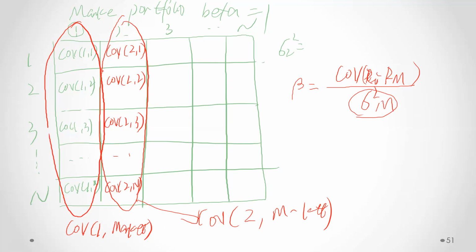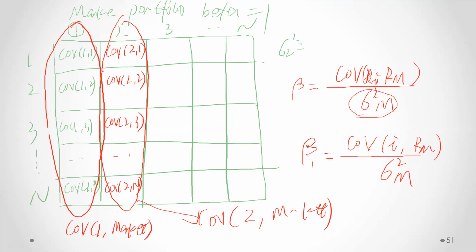The numerator is the covariance between one asset i and the market. In the case of the first asset, beta for the first asset equals the covariance of the first asset and the market divided by the market variance.